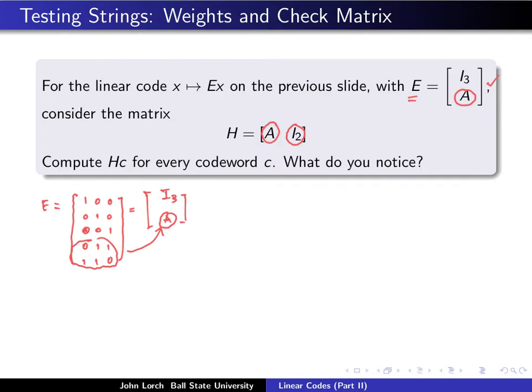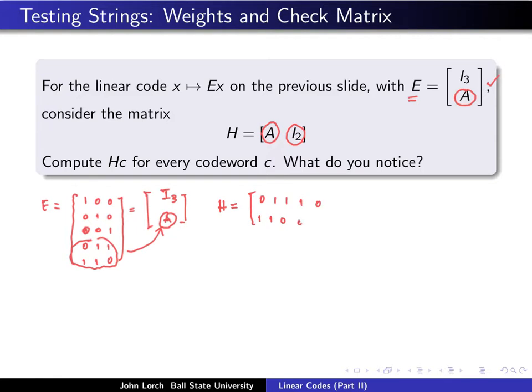Now for H, what are we going to do? We're going to take this matrix A, and we're going to set it next now to the 2 by 2 identity matrix.